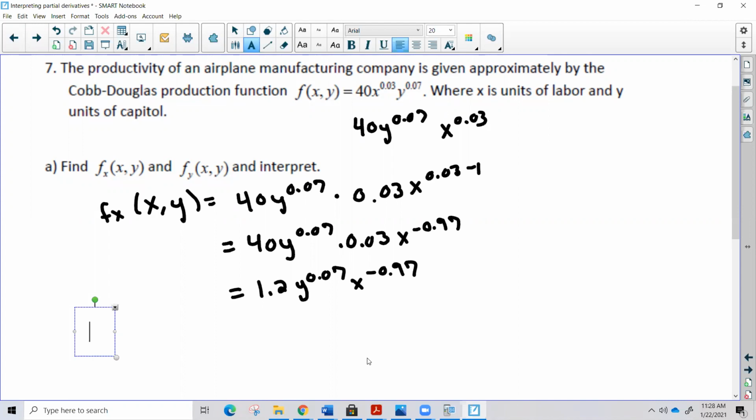And instead of saying increasing or decreasing, we can also just say the rate of change. Either one is fine.